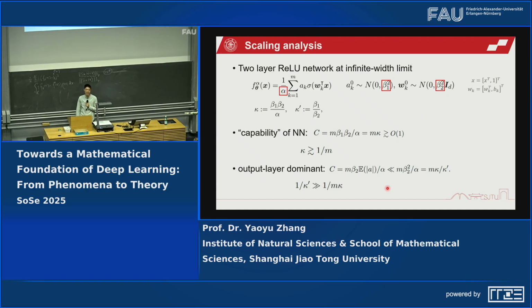I think physicists are very good at it, right? They usually plot this phase diagram, which is effective, before we can actually prove there's a phase transition there. Therefore, I also put this intuitive scaling analysis.